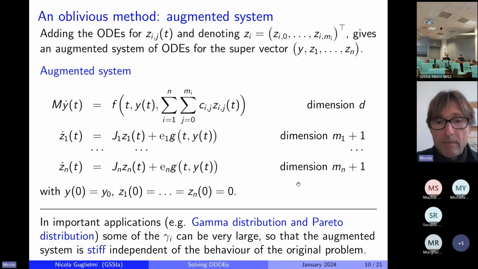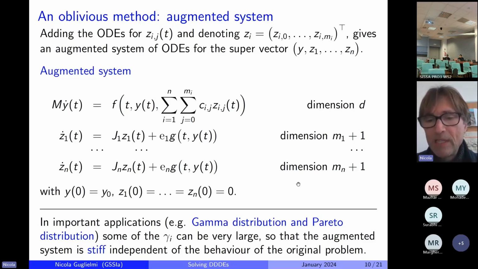In particular, and this is what I wanted to mention before, the gammas, the exponents of the expansion in quasi-polynomials, can be very large. So you have this exponent minus gamma i with gamma very large. So the augmented system is stiff, independently of the original problem. Even if the original problem is not stiff in terms of the variable y, this is stiff.